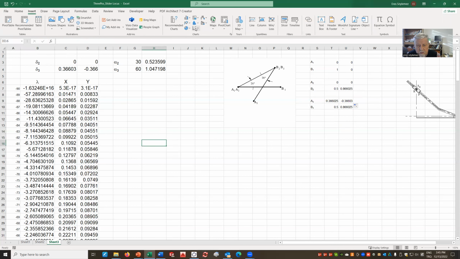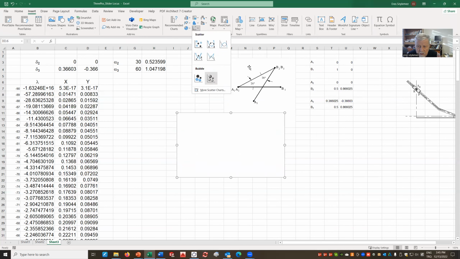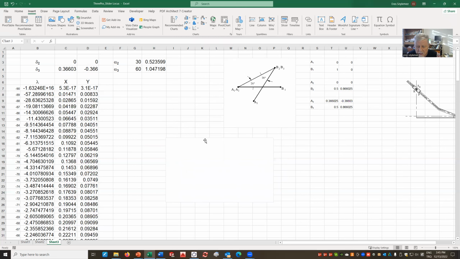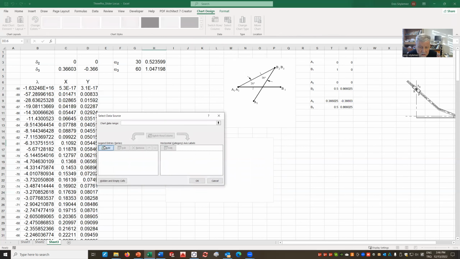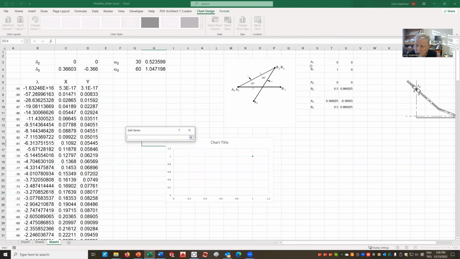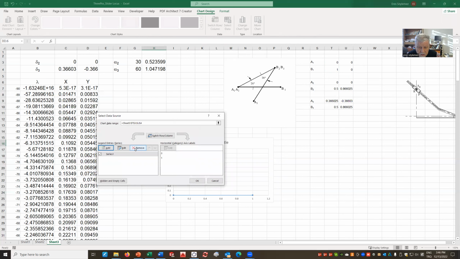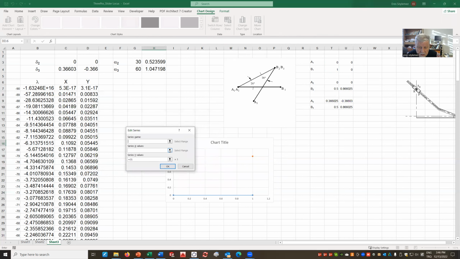Now, insert chart with points connected by straight line. Select data, add. That's to show the input, what I have for the input. Okay, add.